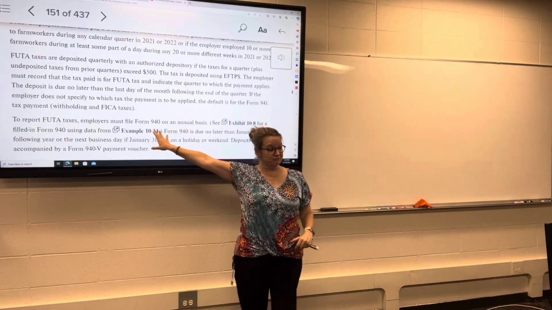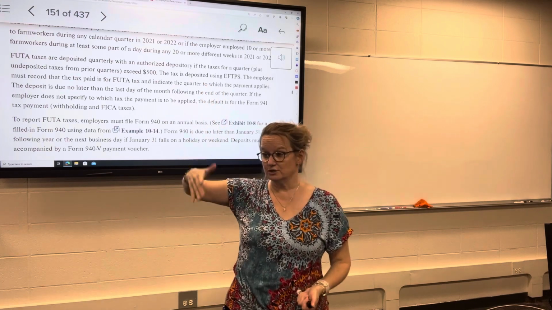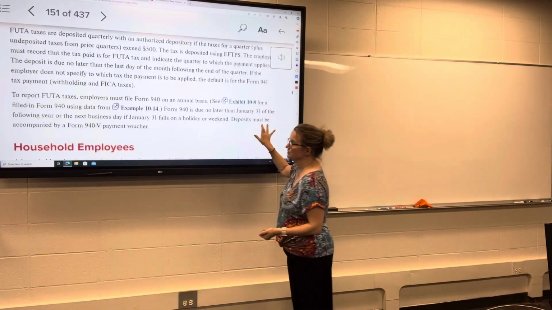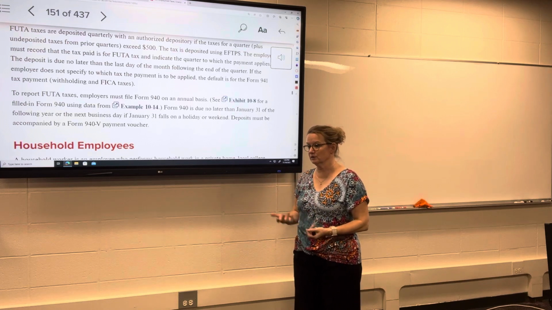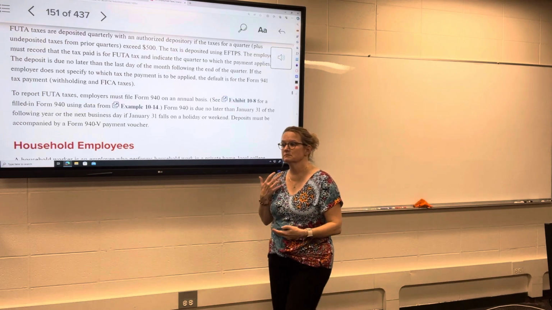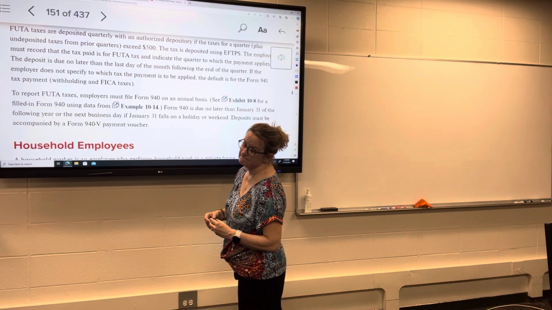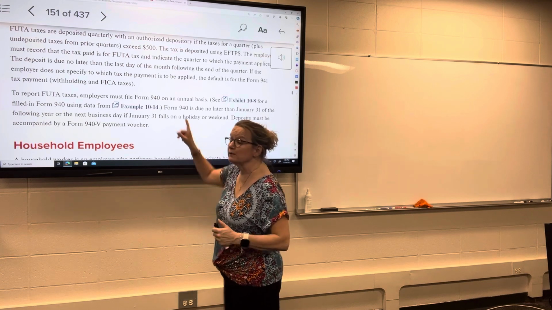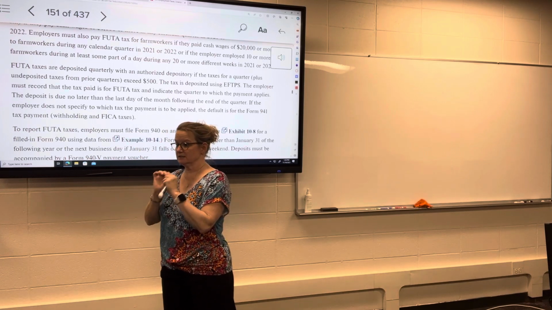But that Form 940 is only filed on an annual basis, unlike the Form 941, which is what employers use when they're reporting their Social Security and Medicare tax. So even if they don't make a lot of money, they still want quarterly deposits, only once the amount that's owed exceeds $500.